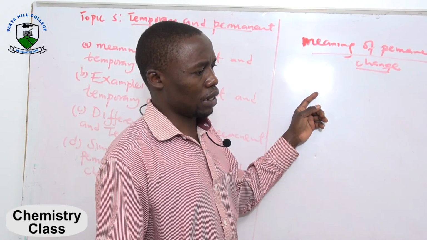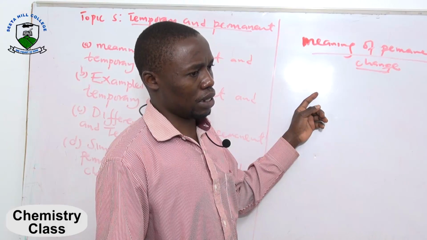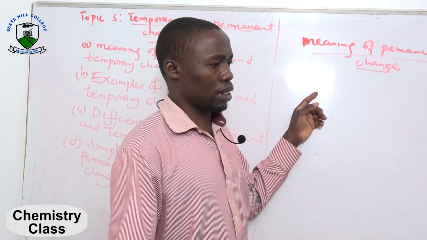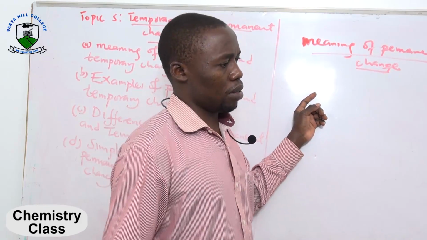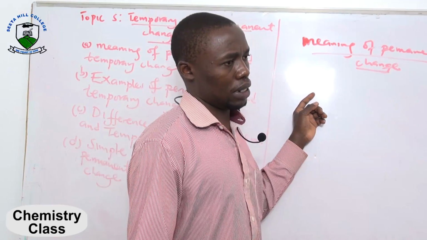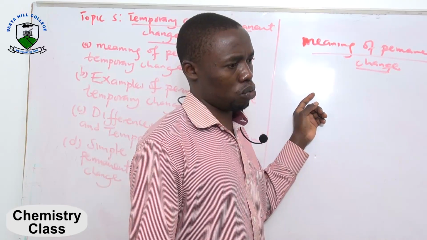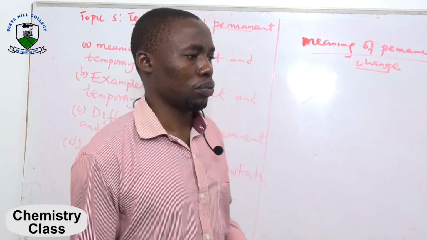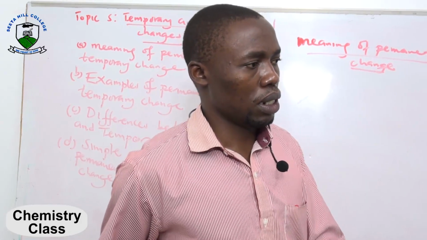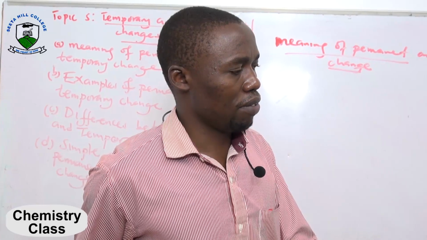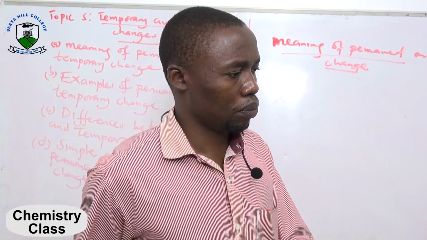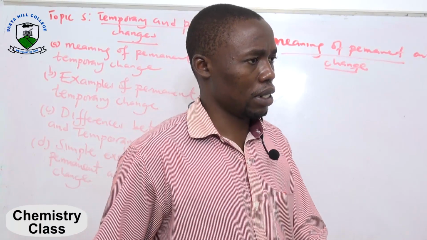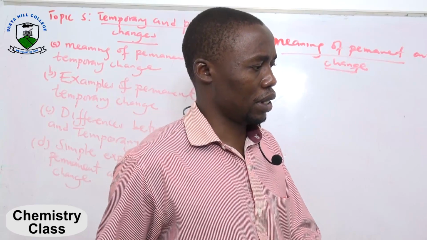Then also discuss the other case, which is melting ice or heating an ice clamp, in terms of mass and reversibility, so that we can easily say the meaning of permanent change in chemistry.